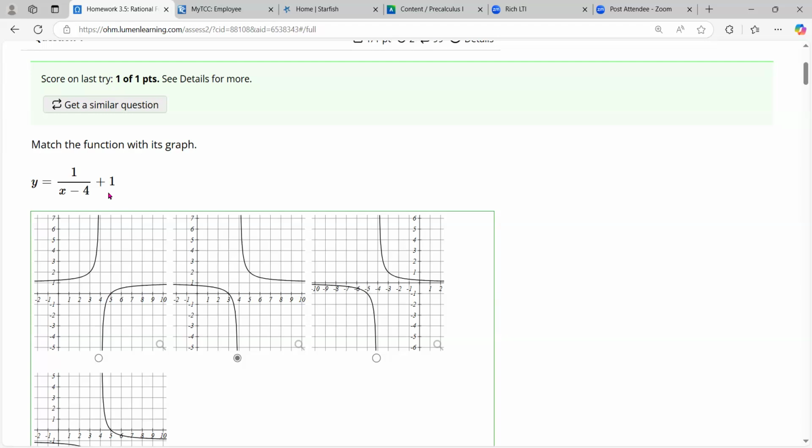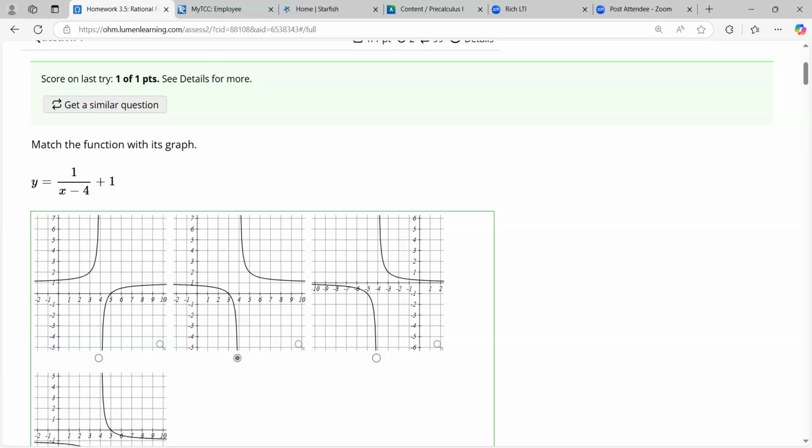We subtract 4 from x, and then we add 1 to the function. If we see (0, 0) as the center of the hyperbola, how will the center change after the 2-step transformation here?